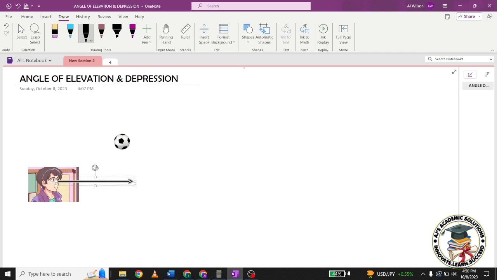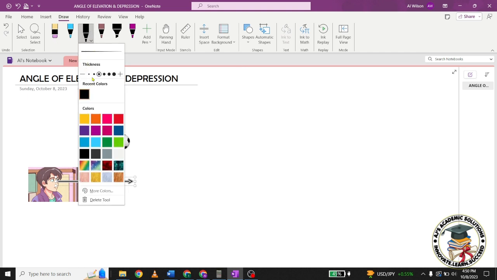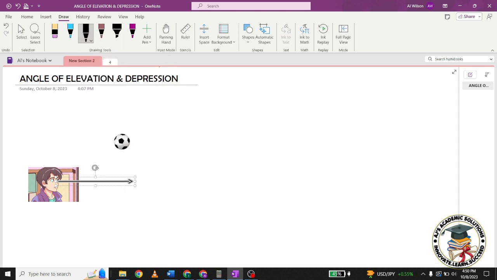When you're standing just looking forward, that's your normal line of sight. As I just stated, we would call that our horizontal line. So this is our horizontal. That's our line of sight, if you're more comfortable with that. Great.